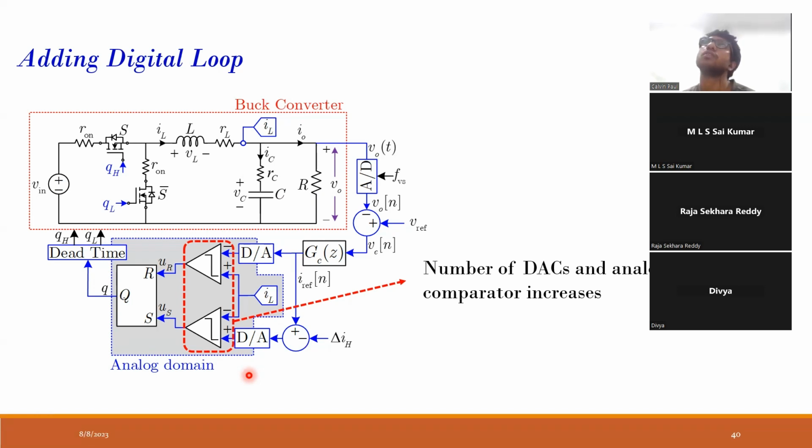No, this will be in digital domain. Actually, these US and UR signals will go to your digital platform, FPGA, and this SR latch will be implemented inside the FPGA. Sorry, this will be in the digital domain. That's a good observation. Thank you.